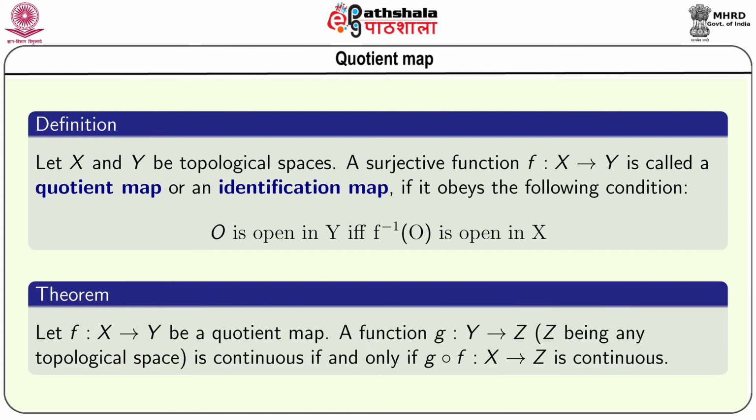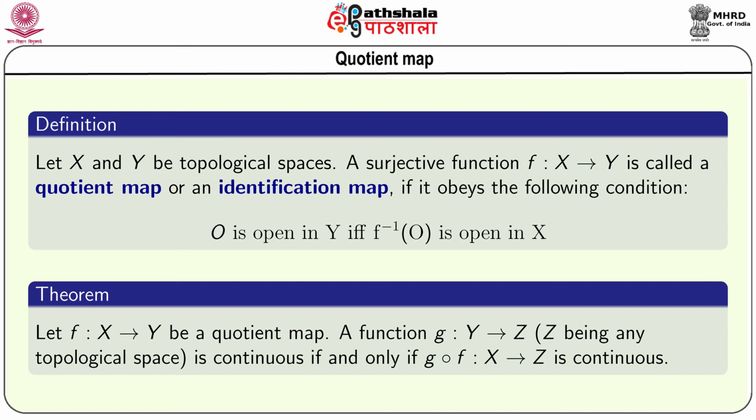We now see this theorem: if f is a quotient map from X to Y and g is any function from Y to Z, then g is continuous if and only if g composed f is continuous. To prove this theorem, we can see that the proof actually follows exactly the way we have proved it for the function pi.